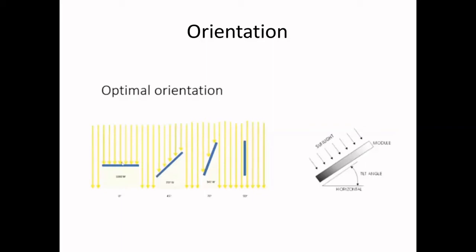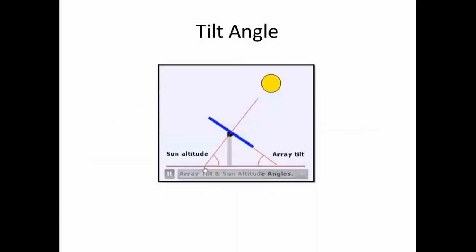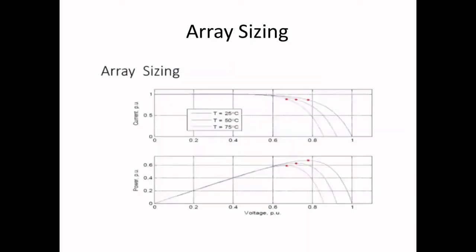We have to calculate, and according to it we have to tilt the angle of the solar panel with respect to the ground. This is the tilt angle. Here it shows the array tilt and the sun's altitude. We have to calculate the altitude and also the array tilt, which will be reflected in the economic evaluation of the system.